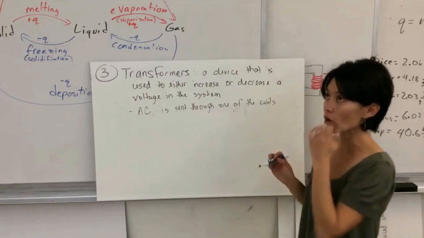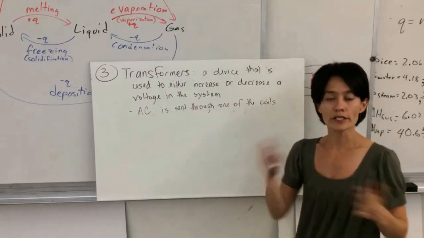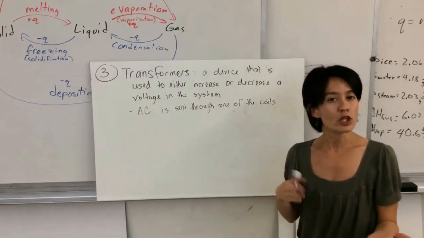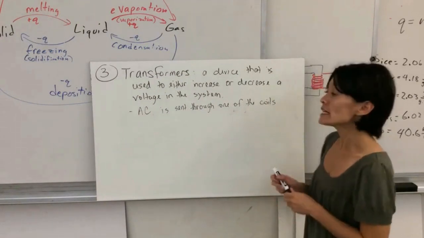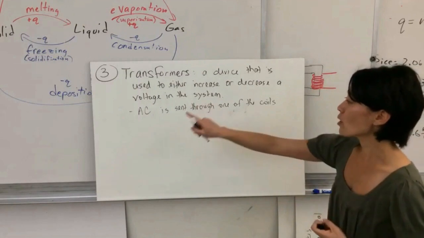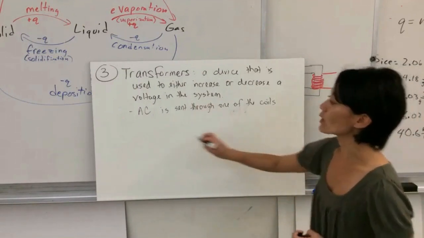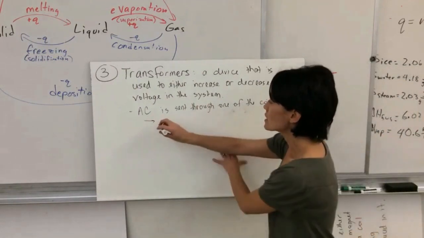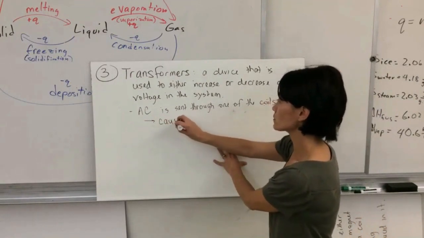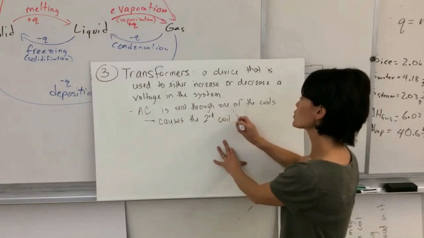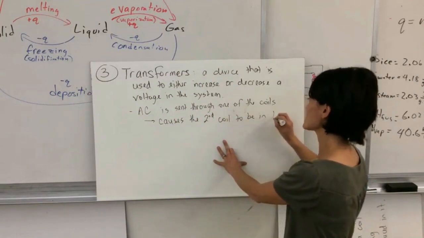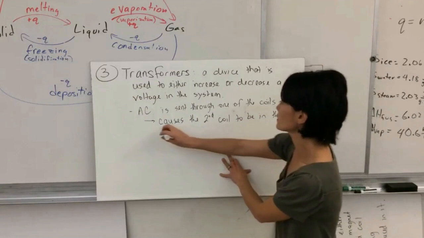And alternating current, remember, is this idea of current that is continually changing directions. So because the current is continually changing directions, the magnetic field associated with that current is continually changing directions. So alternating current is sent through one of the coils, which causes the second coil to be in the presence of a changing magnetic field.